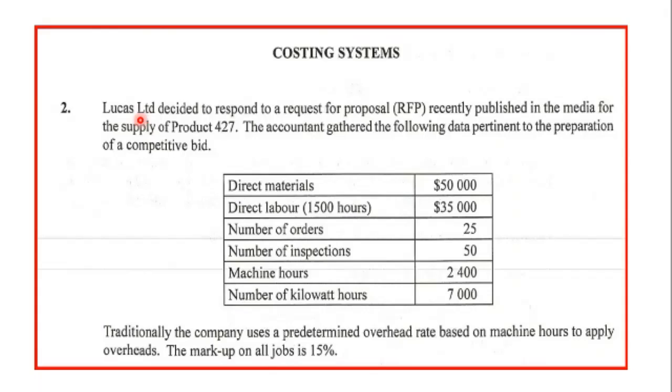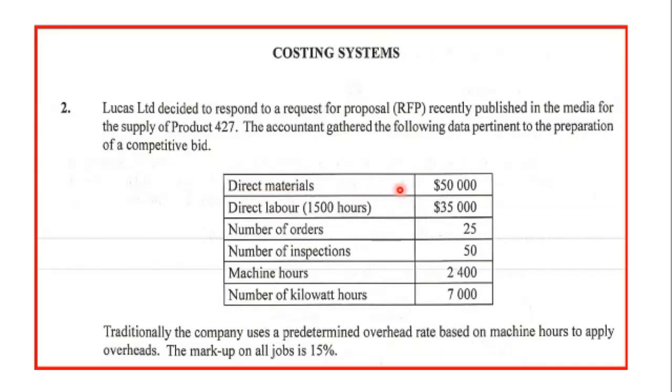Lucas Limited decided to respond to a request for proposal, RFP, recently published in the media for the supply of product 427. The accountant gathered the following data pertinent to the preparation of a competitive bid.